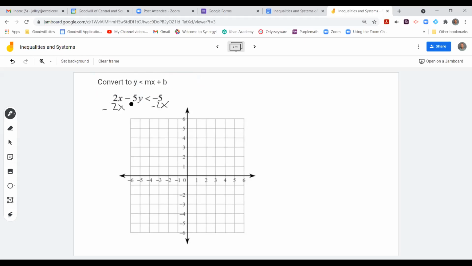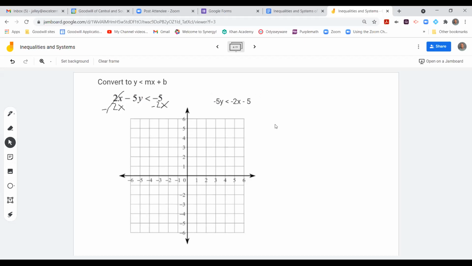We can move these terms around any way we want, as long as we use the opposite operations. Here we get the cancellation on the left, and then we can use it on the right. And so then our next step becomes -5y less than -2x minus 5.